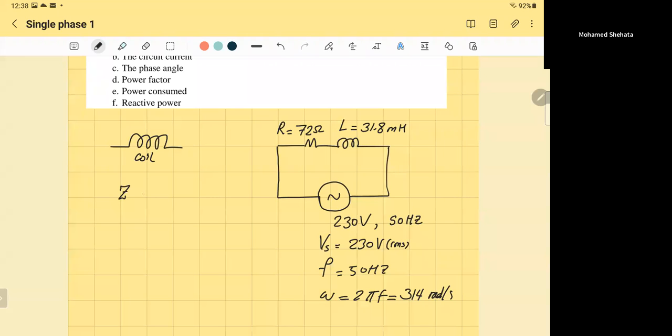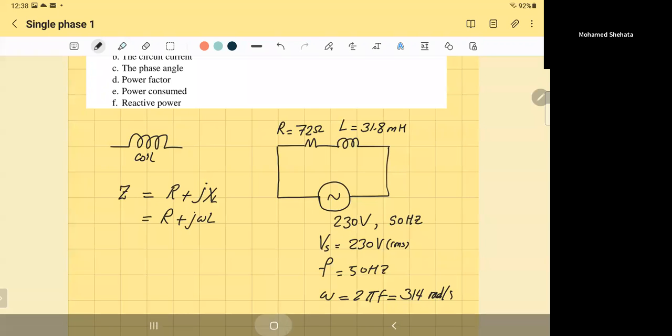So Z equals R plus jXL, or you can write Z equals R plus j omega L. What does it mean, j omega L? Every element in an electric circuit has impedance.